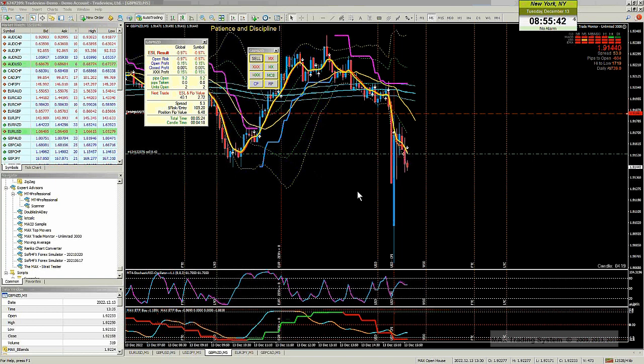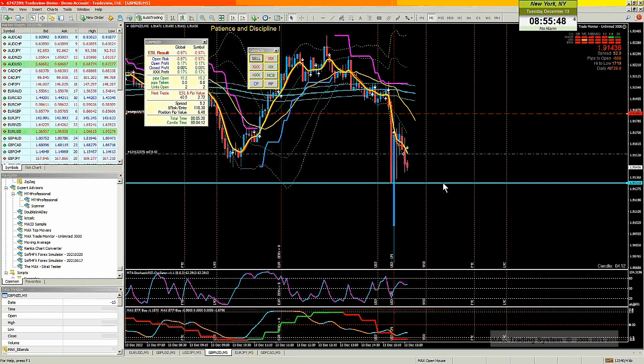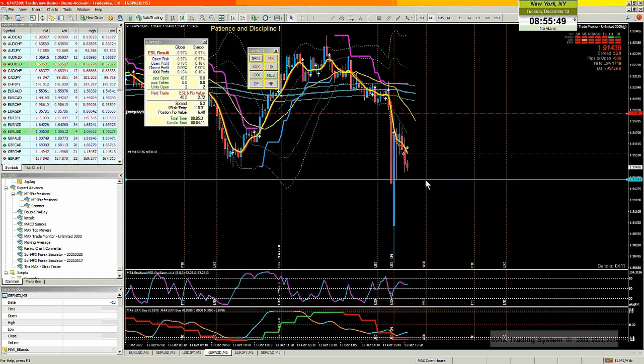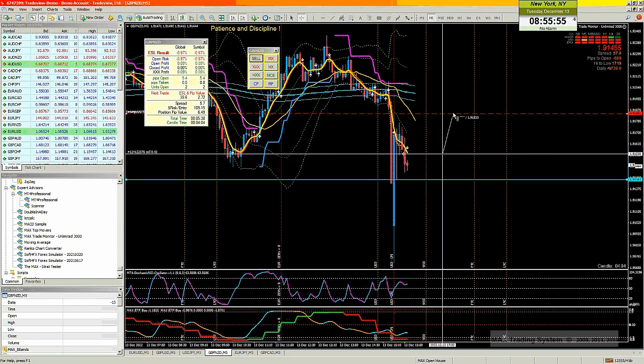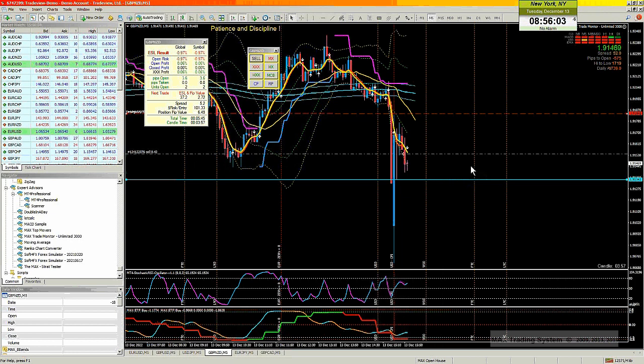Now, when I am in a trade, what I do very often is the following. I define a price level which corresponds to half of the size of my stop loss. The stop loss was, let's say, 30 pips, so half of the 30 pips is 15 pips. I will also add the size of the spread.